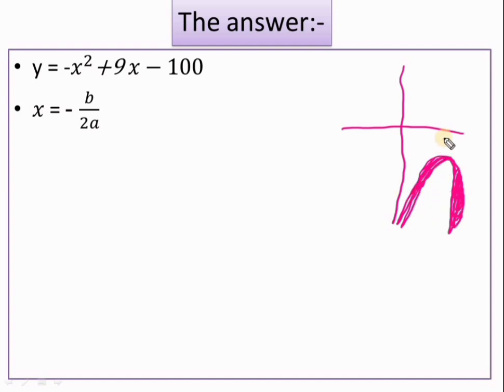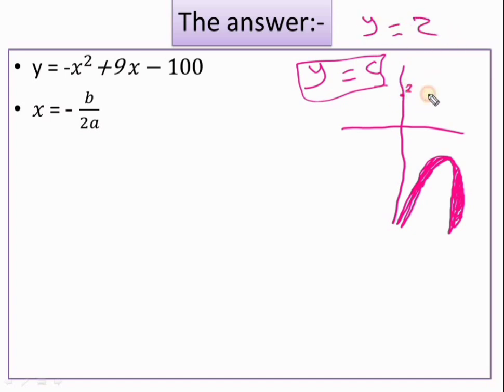And then the question said that there is a line intersecting this graph in a point, y equals c. That means it's a constant function, like y equals 2. How can I graph it?